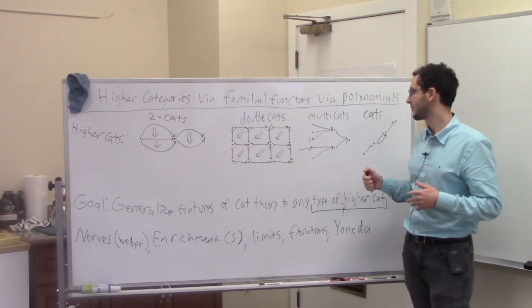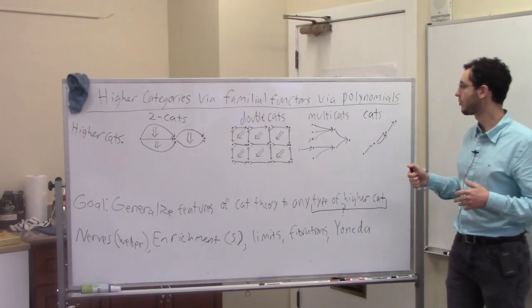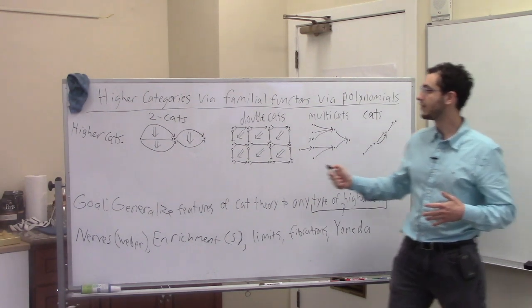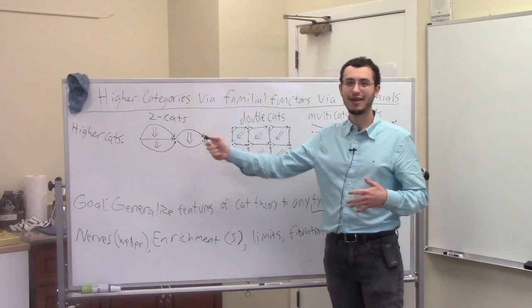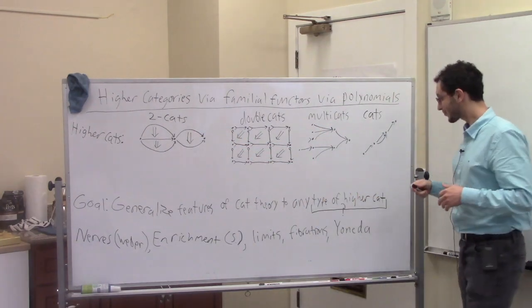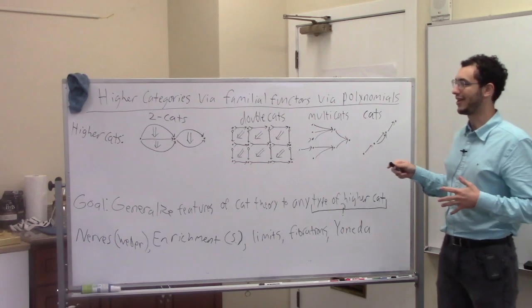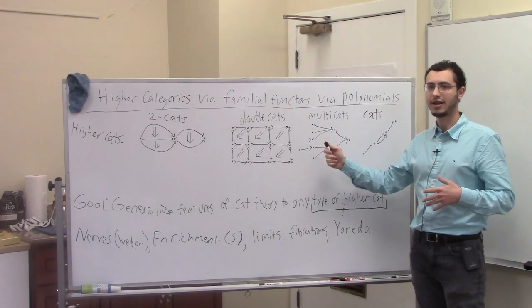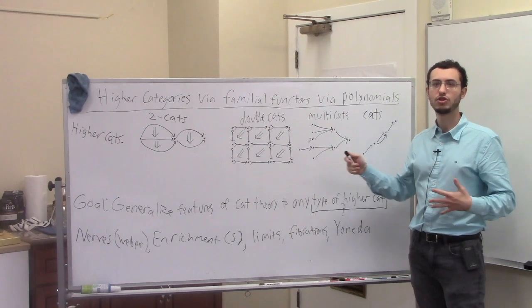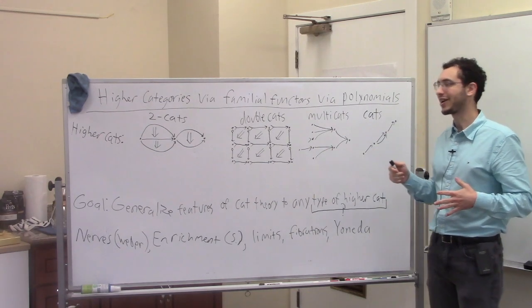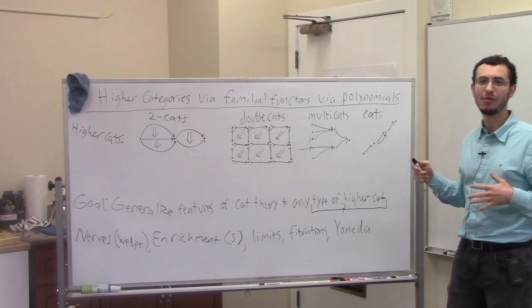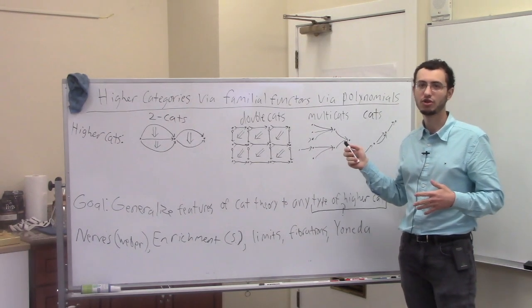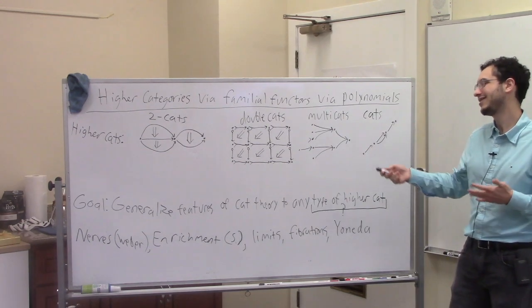And so I wanted to, for instance, show how normally categories enriched in categories give you two-categories. And so I wanted to create a more general formulation of that statement, where one higher category enriched in another gives you a new one. And then I kind of backtracked from there to, okay, well, what does it actually mean to enrich a higher category in something more general? So it kind of just happened.